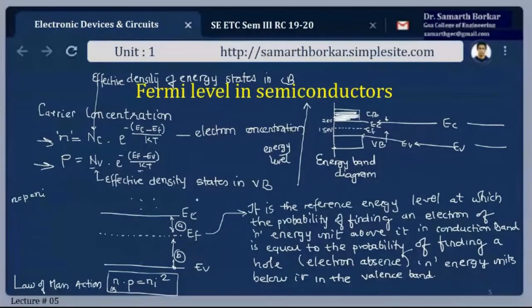Now, this means the Fermi energy level for a given semiconductor is the same for calculation of both electron and hole concentration. This EF will be the same. What are the differences here? EC and EV are different to calculate N and P. Otherwise, EF is a common term.